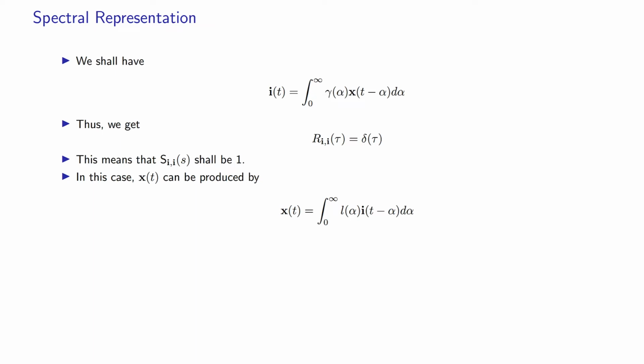And also we have x of t equal to the convolution of this filter, so in a way it's the inverse of that filter, and it produces that. So from here you get S x of s equal to L of s times L conjugate of minus s times S I I of s.